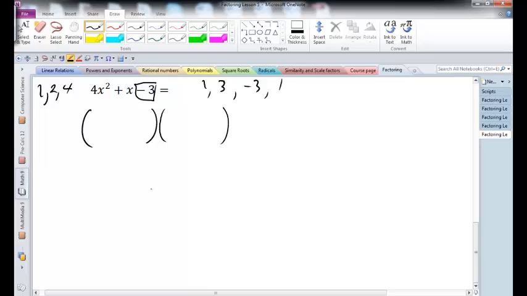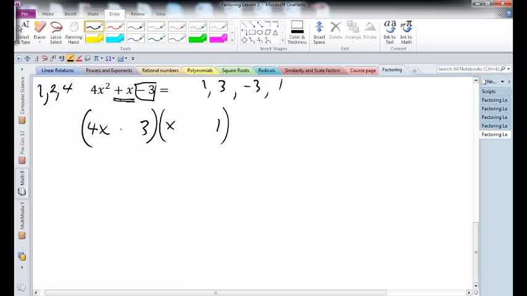And we have to arrange them so that we can produce that central term. Let's try 4x and x, and then a 1 and a 3, and see if we can produce a central term of positive x.